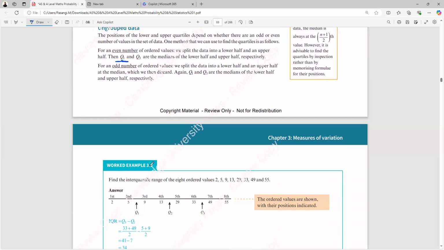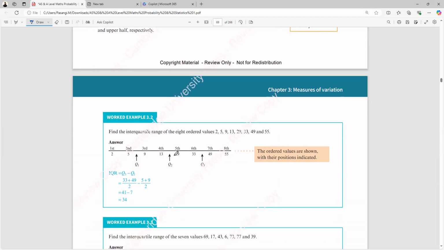For example, look at this 3.2, where we find the interquartile range of the 8 ordered values. These numbers are already ordered. If they have given us unordered values, then the first task we should do is make the entire data set ordered.